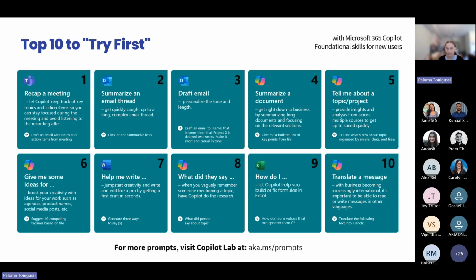Personally on my end, I really like to use Copilot after I've done my first draft. So I'll just start by putting all of the information I know into the page, into my email, whatever it is that my brain has come up with. And then I'll use Copilot to help me scale back or clarify my messages to make them easier to understand and digest depending on the audience that I'm working with. Okay.